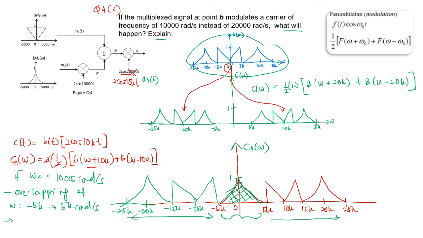Therefore, this causes distortion of the output signal, meaning that the efficiency of the system is reduced. Efficiency is reduced. So you need to write this in a proper sentence.